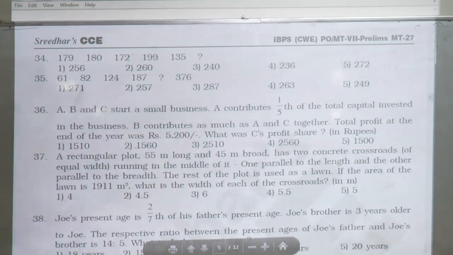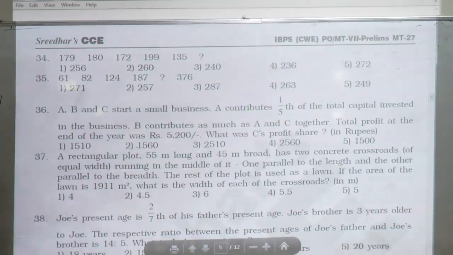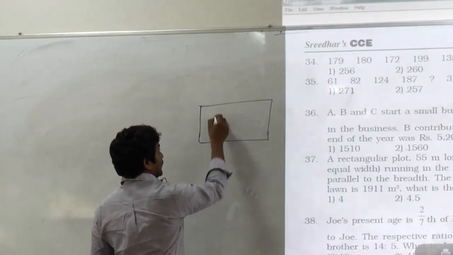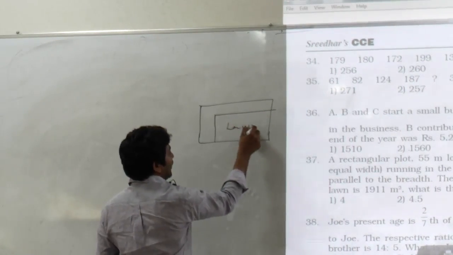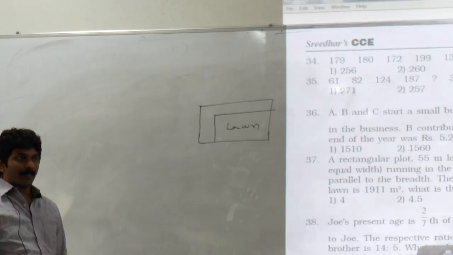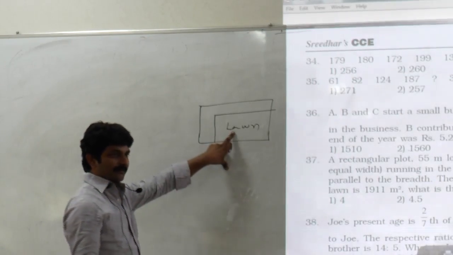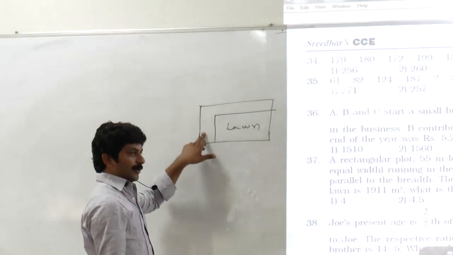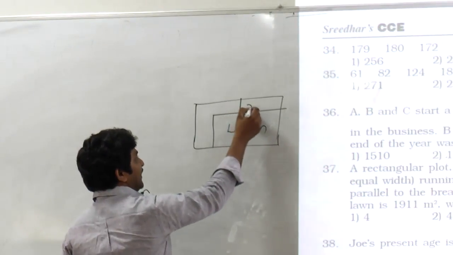Length and breadth is given. So this is a rectangular plot. This area is lawn area and this is road. Width is x.